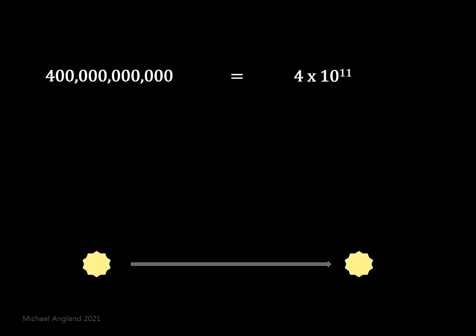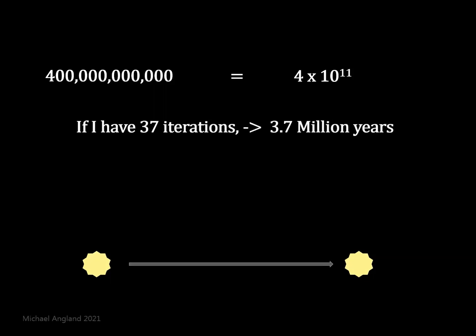Now let's do a little maths. Each iteration represents a journey between 2 stars, and at the start of this we assumed that the distance between any 2 stars would be the maximum possible distance, that being 100,000 light years. The diameter of the galaxy, and it would be that for every pair of stars. Now, if it was possible to travel at the speed of light, that journey would take 100,000 years.